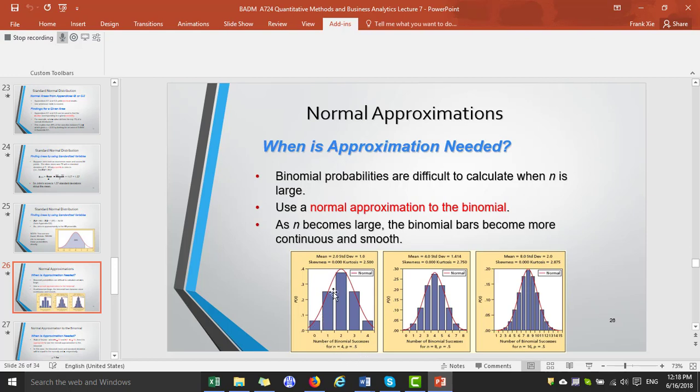And the distribution looks like this, with the skewness, kurtosis, mean, and standard deviation shown. If n becomes 8, this is what you get. If n is 16, this is what you get. You can see the binomial distribution becomes more and more like a continuous distribution, a smooth bell curve. Therefore, if n is large enough, we can use the normal distribution to estimate the binomial distribution.